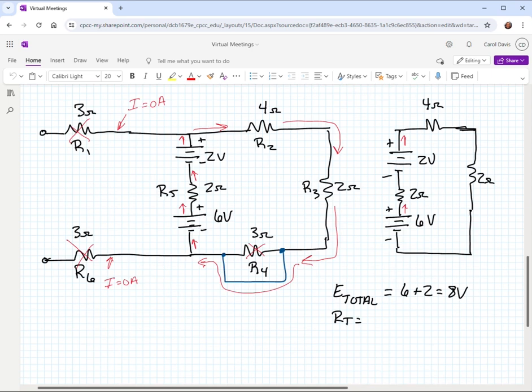We have our R total, which is going to include the 2 ohm resistance right here, plus the 4 ohm resistor right here, plus the 2 ohm resistor out here. And so our total resistance here is going to be 8 ohms. And that means that our I sub S will be 8 volts divided by 8 ohms, or 1 ampere. So I'm going to draw that in.